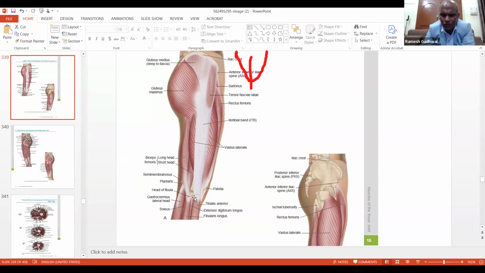Because of that, on the lateral side there is much pressure on the knee, and on the medial side there is a gap. And it is called valgus knee. Okay. And gluteus maximus and tensor fasciae latae, both tendons are meeting and it is called the iliotibial band, ITB band. Okay?